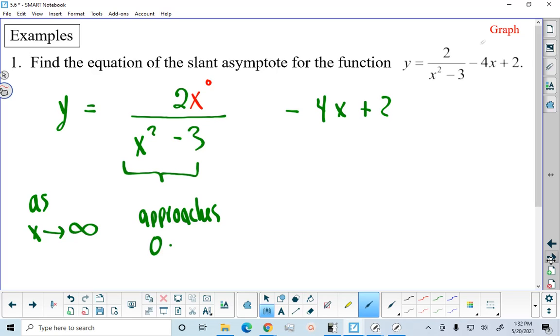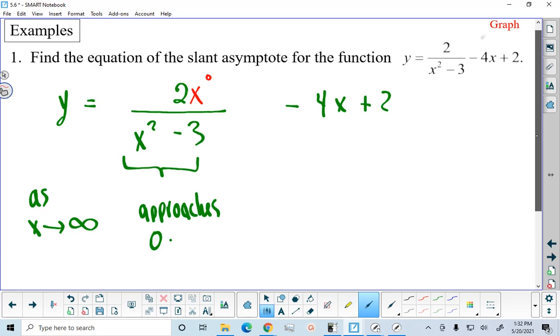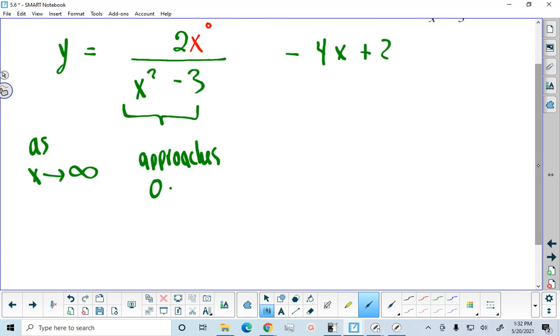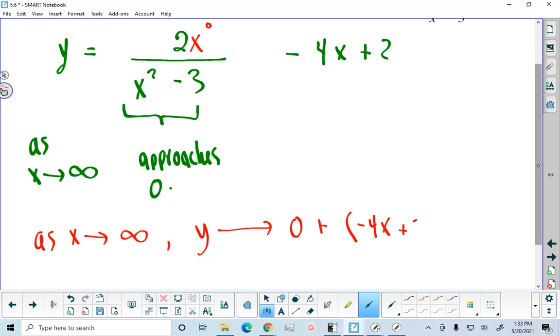So what does this mean? It means as x approaches infinity, y approaches 0 plus negative 4x plus 2. We've just established that this is approaching 0 at infinity, so y will be approaching that 0 plus the remaining piece of it, which means as x approaches infinity, y approaches negative 4x plus 2.